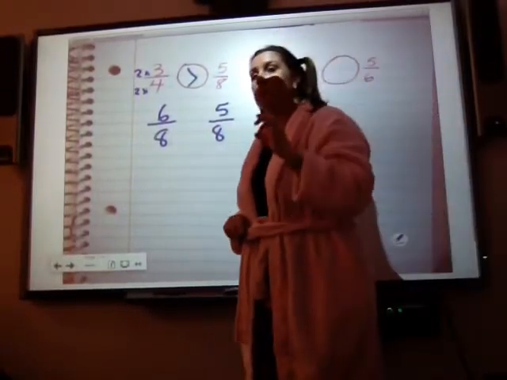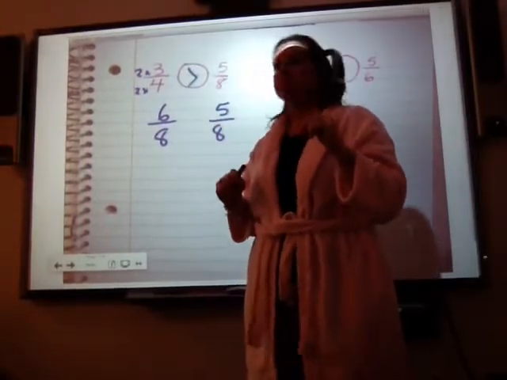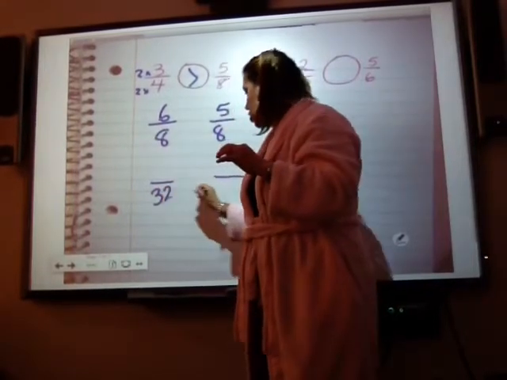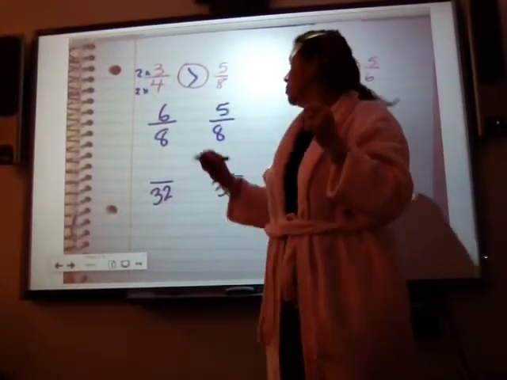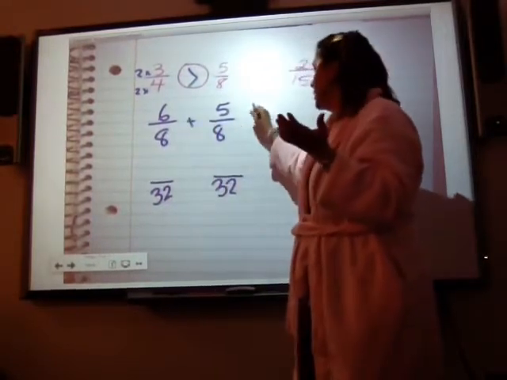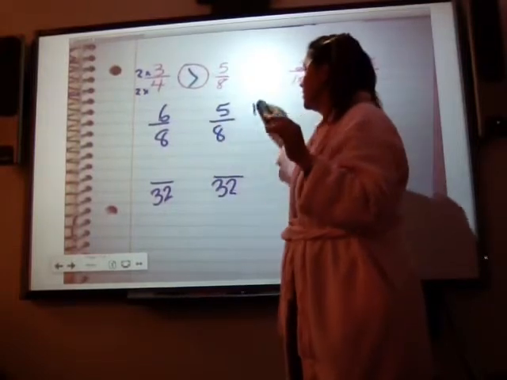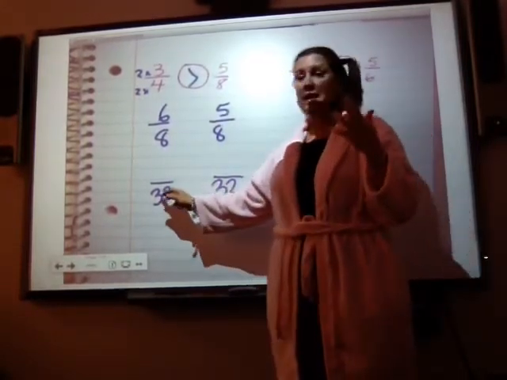Now, John, going back to what you said, could I just multiply and make them into 32? Absolutely. But if, let's say I were to add this, then that would be an improper fraction, which is still being done, but for taking it step by step. Okay, so again, 32.